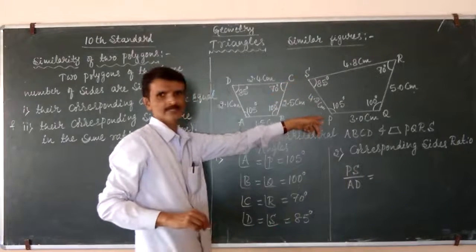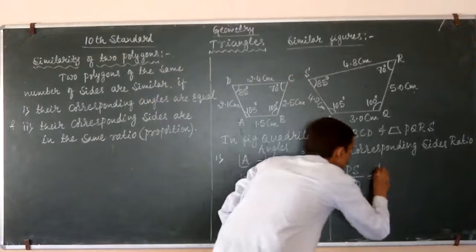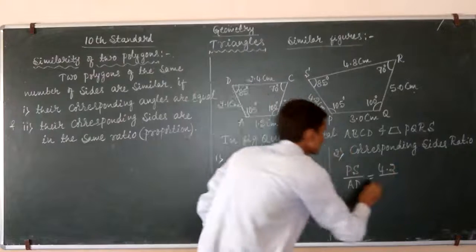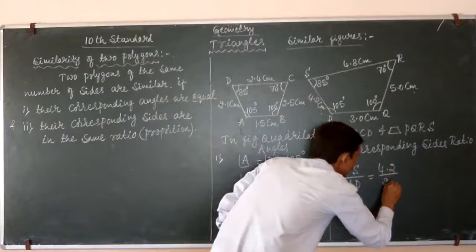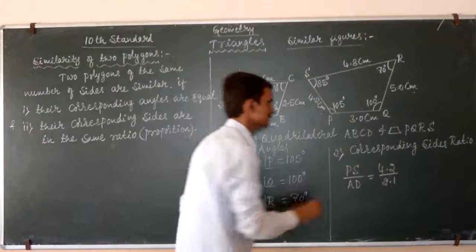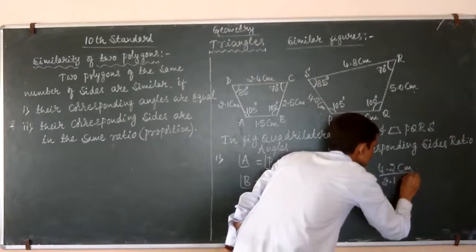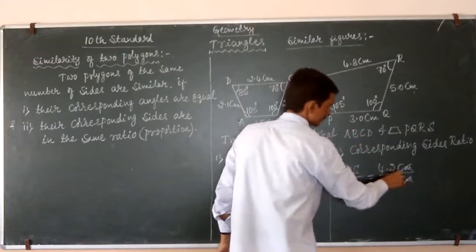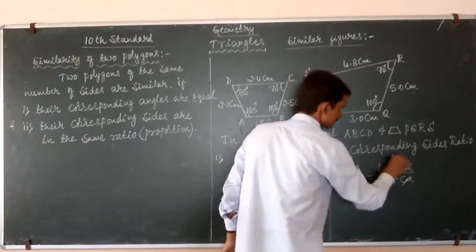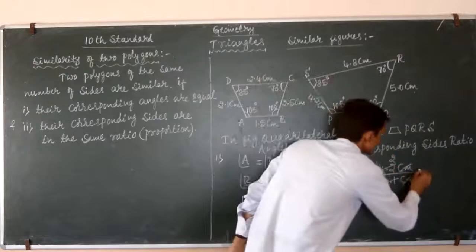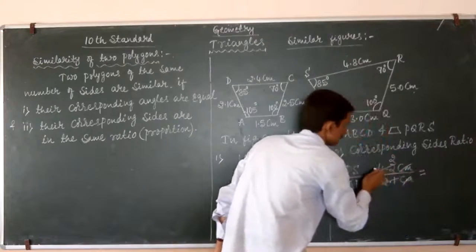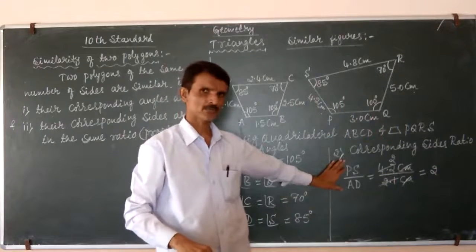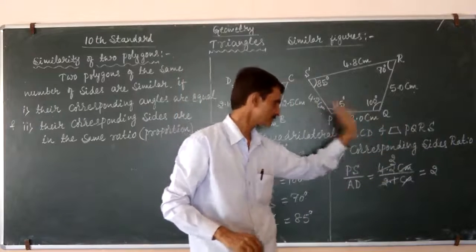The length of side PS is 4.25. The length of AD is 2.1 centimeter. Here centimeter gets cancelled. 2.1 into 2 you will get 4.2. So therefore the ratio of PS by AD is 2.